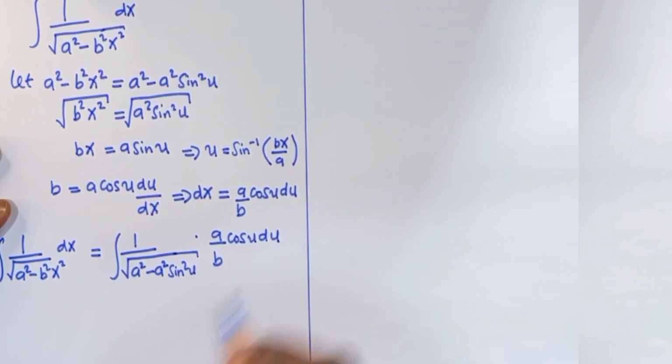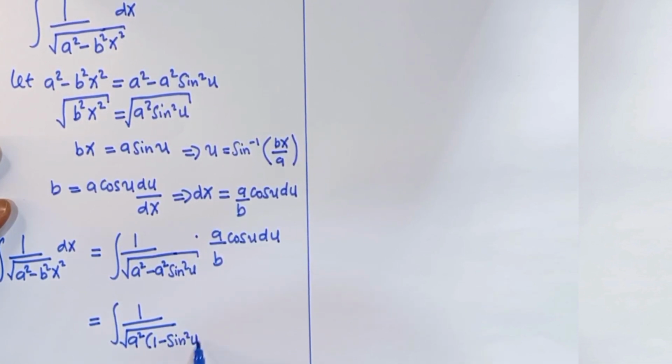Now going back to simplify, we shall have 1 over the square root. We pull out a squared because it is common, into 1 minus sine squared u. Then we put back our a over b cos u du. So this is how you make it simpler.